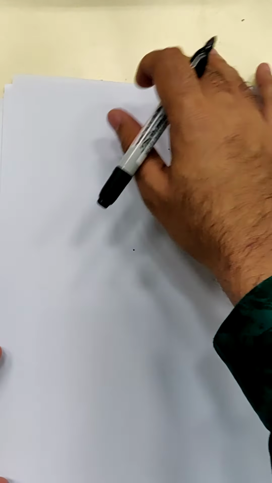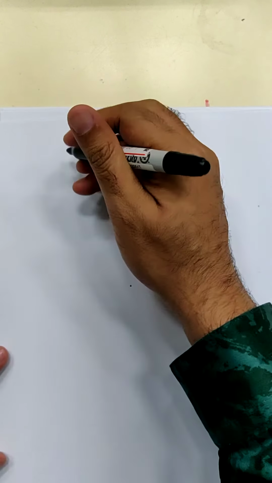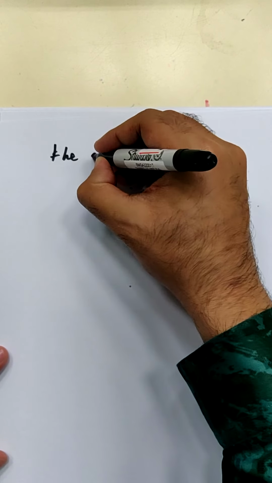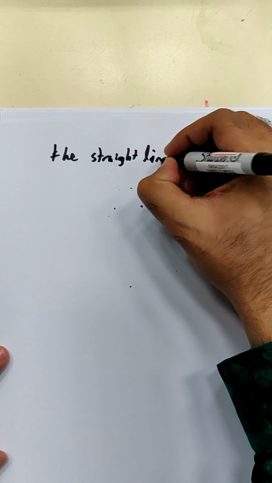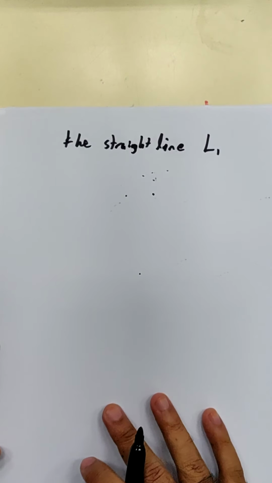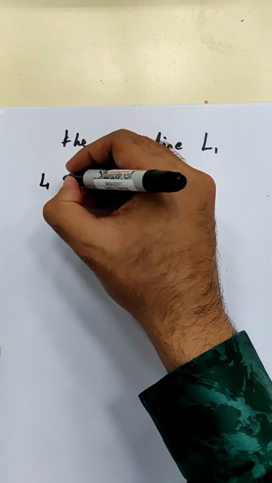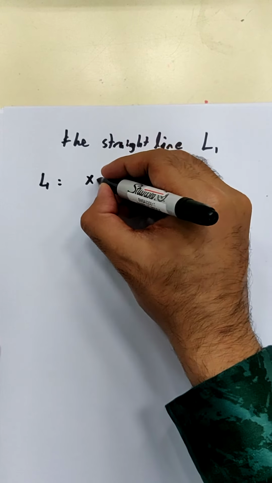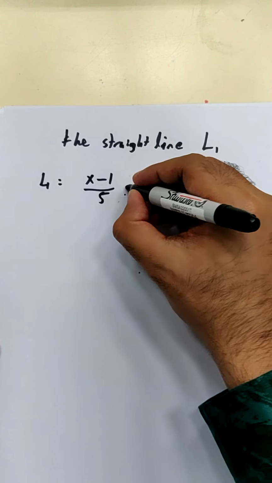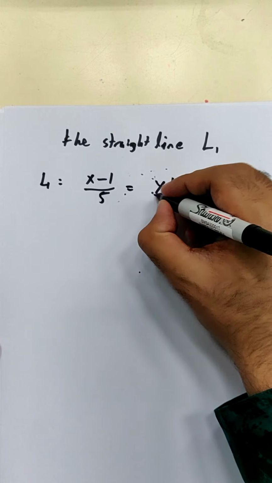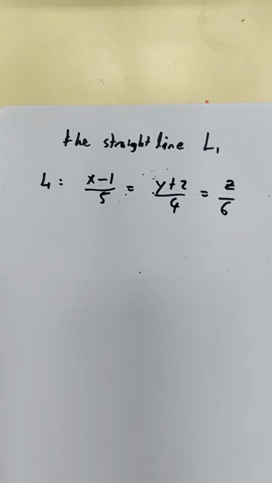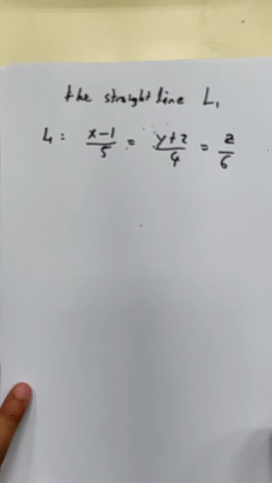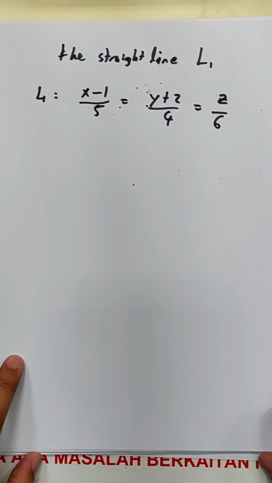You were given the equation of the straight line, let's say L1, is (x minus 1)/5 equals (y plus 2)/4 equals z/6. Find me the parametric form and also the equation of line. So it's a reverse process.